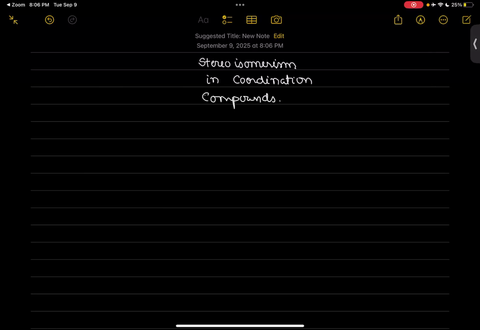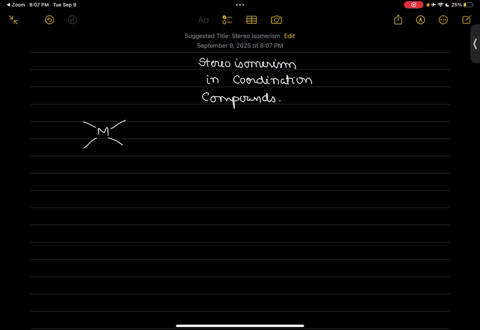So we are going to start with stereoisomerism in coordination compounds, right? As far as the discussion goes, we need to discuss three geometries. Okay, this is which geometry? Aisha, Marwa, Jasleen, can you tell me?